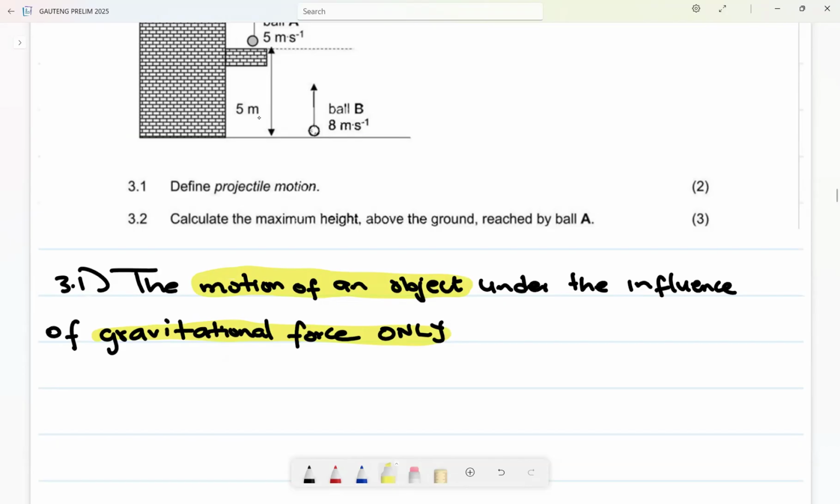Okay, so now you are asked to define projectile motion. So this is the same as you defining free fall. Projectile motion is the same as free fall. But if you define projectile, it is wrong.